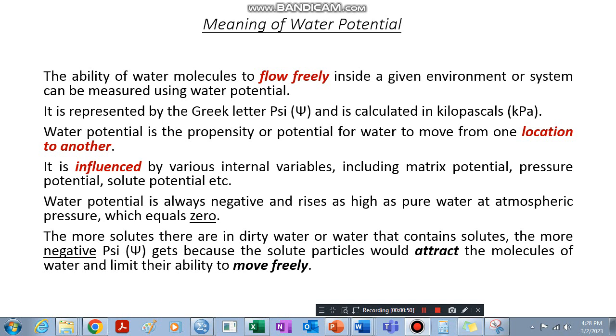This water potential is always negative, or at maximum it could be zero, because the solute particles attract the molecules of water, which in turn limits their ability to move freely. It's because we add energy to get the water out of the solution. That's why it's referred to as negative.